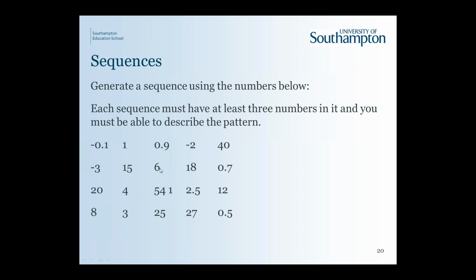Could be that you're adding 3 and then you're adding 2 and the next one would be 7, and so on. You just have to be able to get them to describe some sort of pattern. I won't do that now, but that's quite a good way just to get them thinking about it.